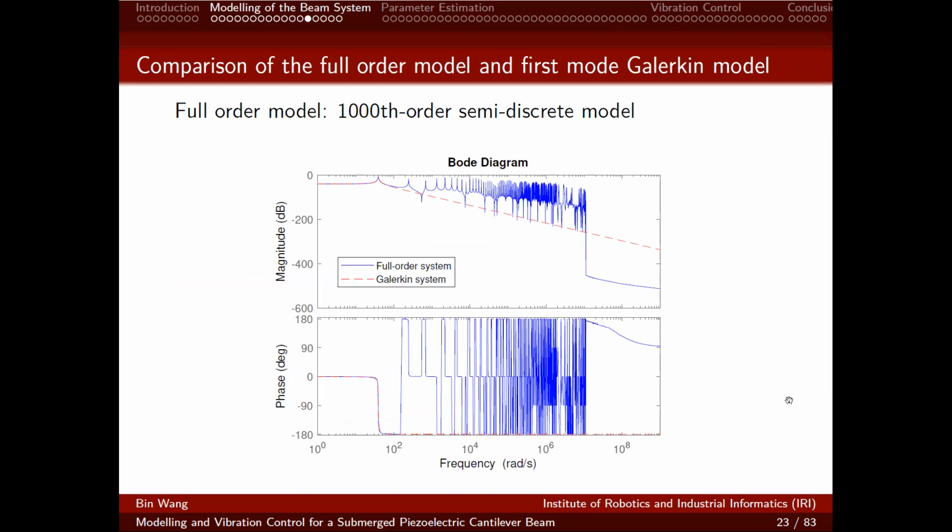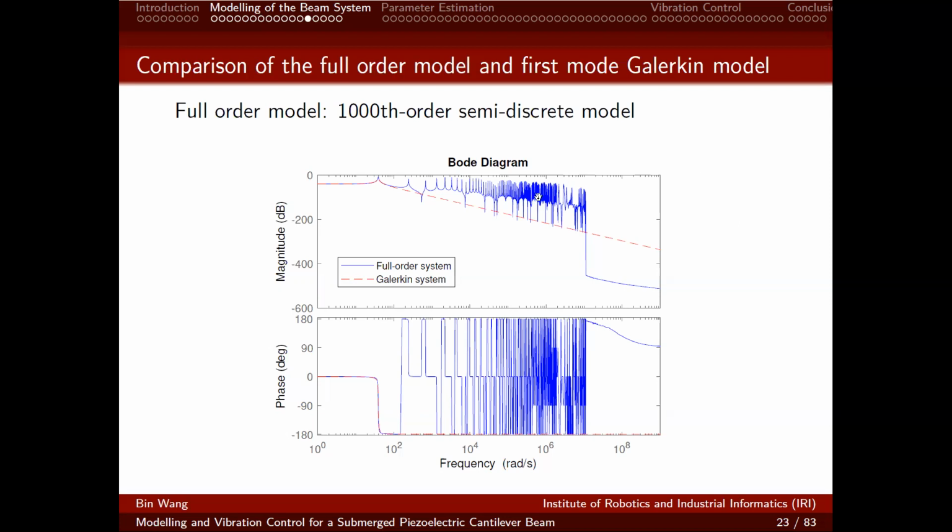So we compared the forward model with the Galerkin's model. We first compared the first mode Galerkin model with the forward model. The forward model we chose is the 1000th order semi-discrete model. This model we implemented with the finite difference method.